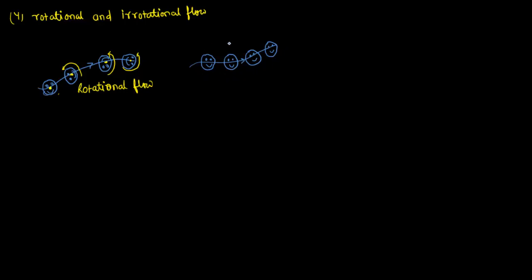So we can say that when the fluid particles are not rotating about their own center of mass during the flow, then that type of flow is defined as irrotational flow. Okay, so I think the point is clear.